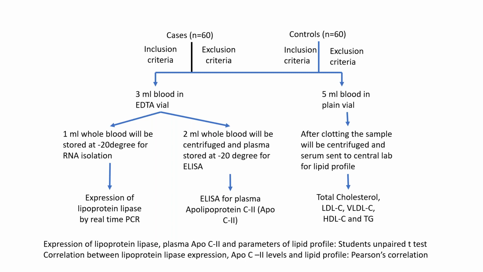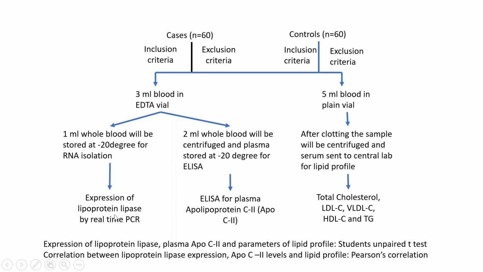For example, this is a hypothetical study which I have designed, because the enzyme lipoprotein lipase is involved in breaking down triglycerides into fatty acids, and this is activated by apolipoprotein C2. Now I want to see why the free fatty acids are high in diabetes, and whether it has a role in the lipid profile.